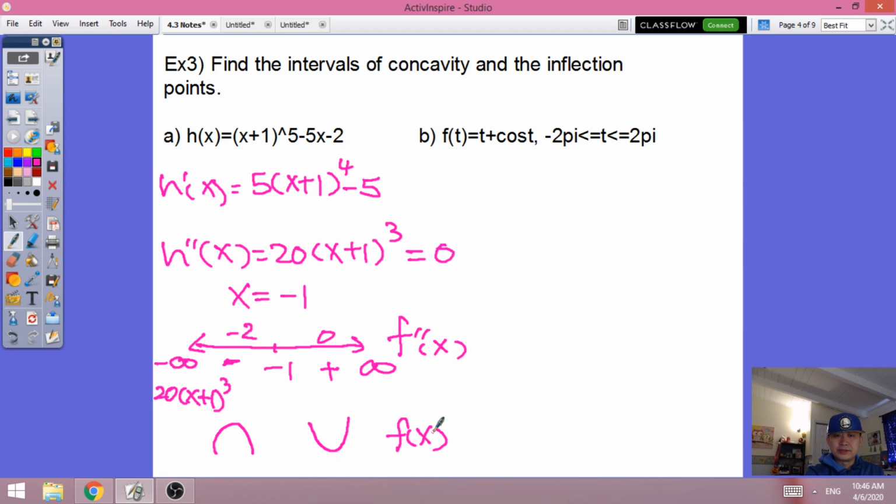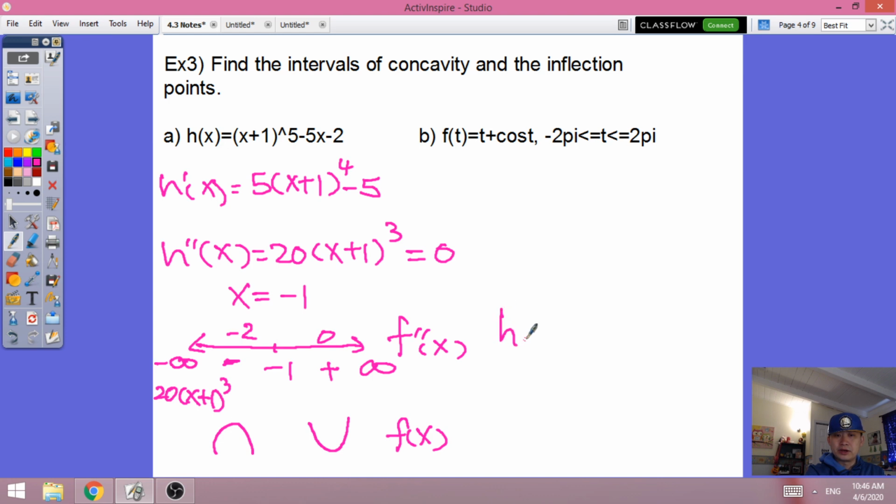That's the concavity. Now let's see what else we have for the instructions: find the point of inflection. Negative 2 and 0 are the points we test, but the x value of the inflection point is negative 1. So we need to plug that number back into the original function. Negative 1 plus 1 is 0. Then negative 5 times negative 1 is positive 5, minus 2, so it's 3.